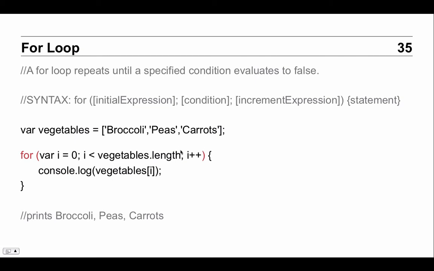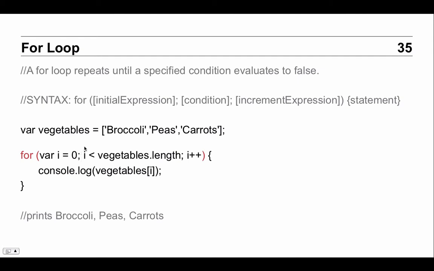Then it increments i by 1, i++, and now i is equal to 2. This time it's going to say 2 is less than 3, and we're going to print vegetables[2], which is going to print the value carrots into the console. Then i++, it will increment i one more time.